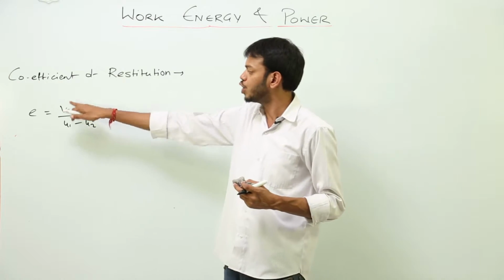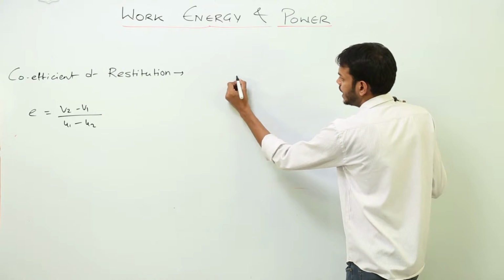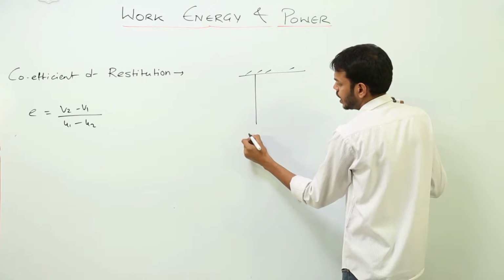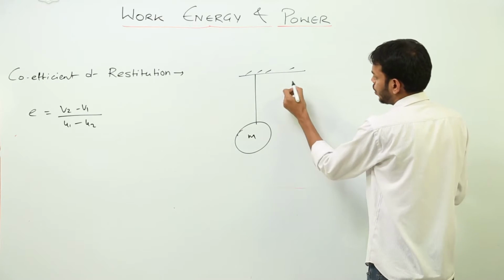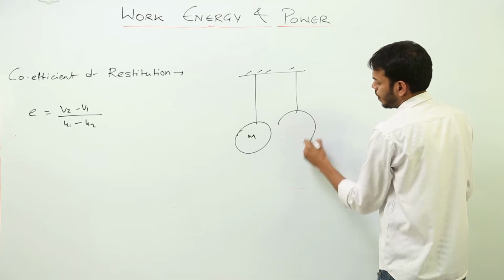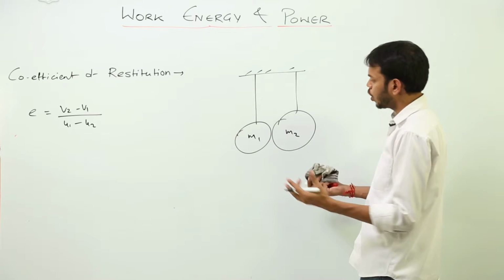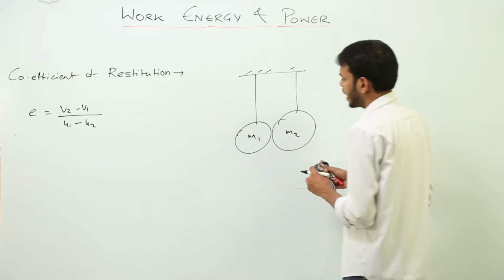The separation was v2 minus v1 because v2 was greater than v1. Now, the initial case scenario is this. I have this body of mass m1, and another body of mass m2. This is the initial case scenario.